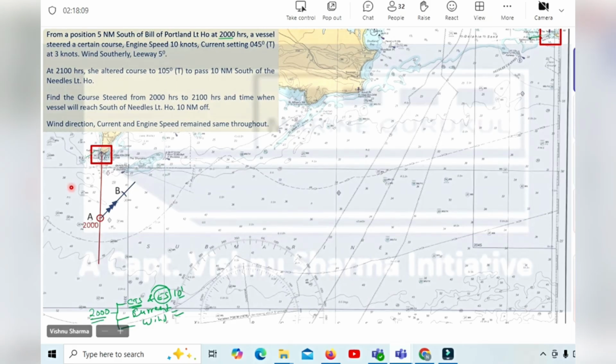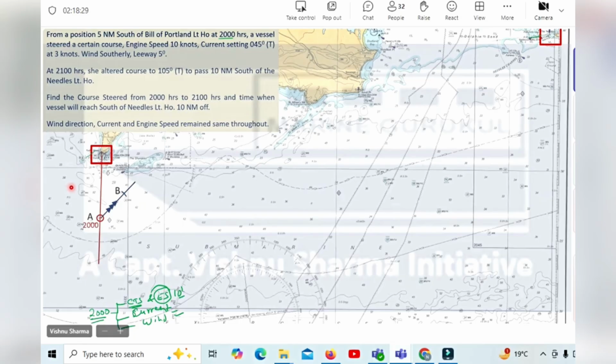Okay. And now, in 1 hour, how much engine distance would the vessel have covered? 10 miles, correct? Yes, sir. So, the current will bring her to B. Additionally, she would have covered 10 miles of engine distance.